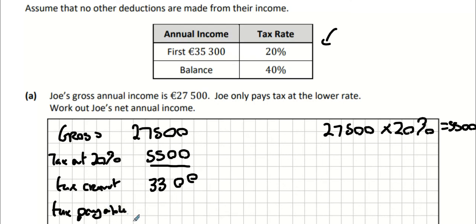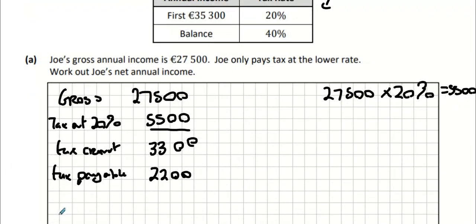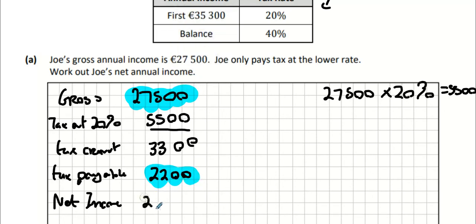And this tax payable is going to be 2,200, because 5,500 take away 3,300. Now finally, your net income is your gross income, take away your tax payable. That should come down to 25,300. And that's your first answer.